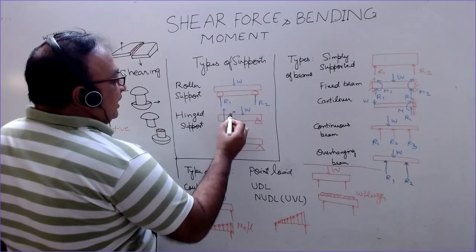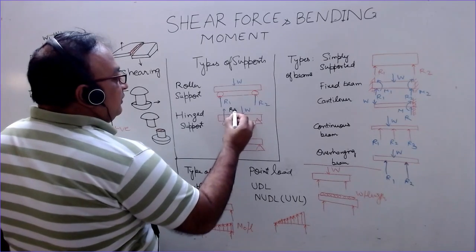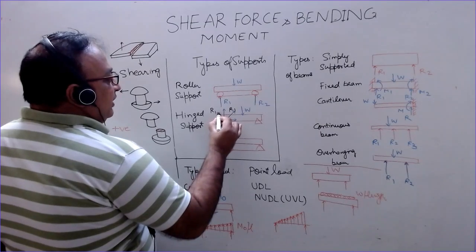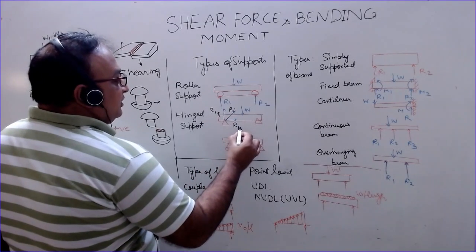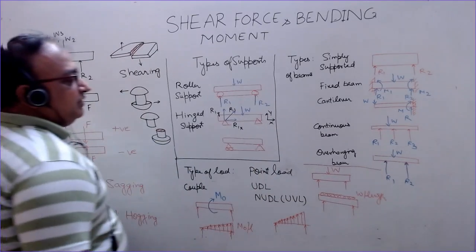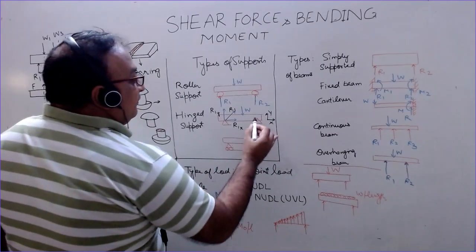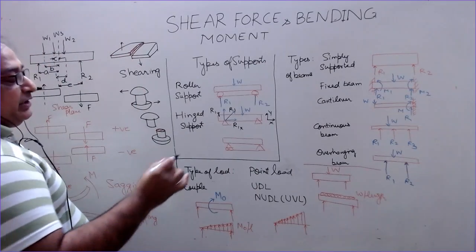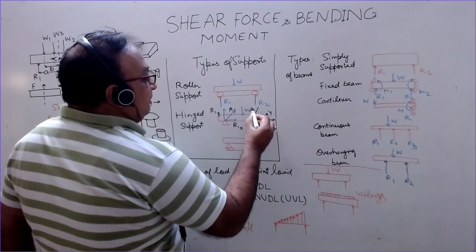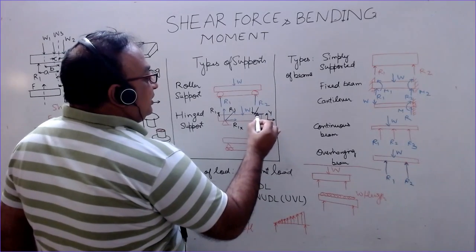So if we have this reaction R1 here, it has two components, R1 in the y direction and R1 in the x direction, taking this as x and this as y direction. If you have a load acting on the beam, suppose the load is inclined like this, it will have two components, vertical and horizontal.